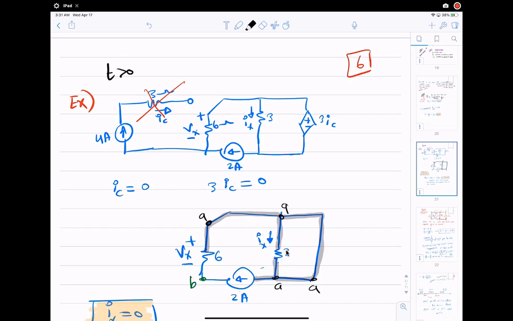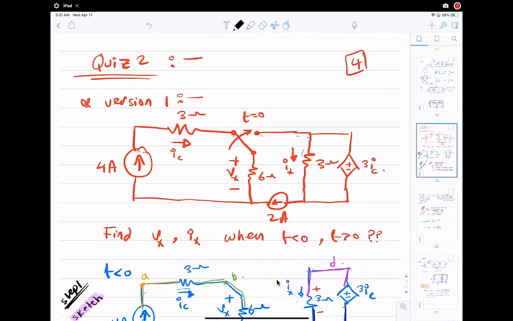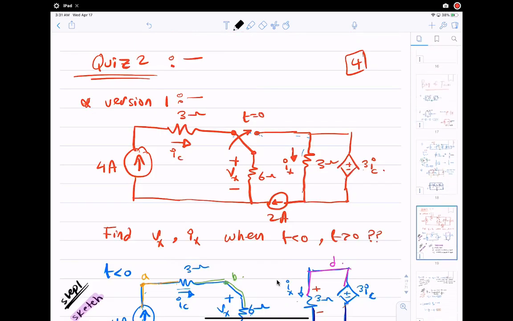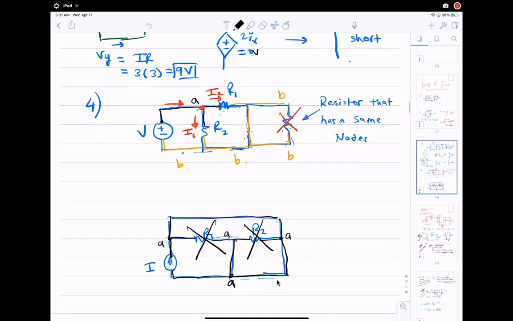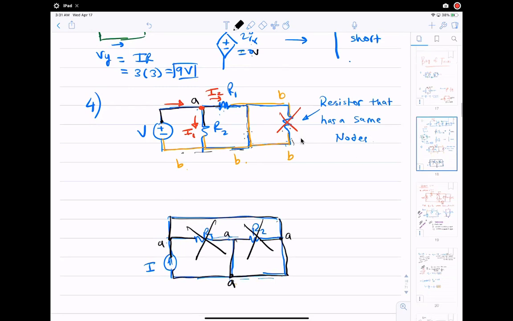Now if you look at this resistor, it has a node A on both ends. We said in trick number 4, if you have the same node, that means this resistor will be erased. And that was trick number 4. Let me show you again. Here we said if it has the same node, the resistor that has the same node will be cancelled.